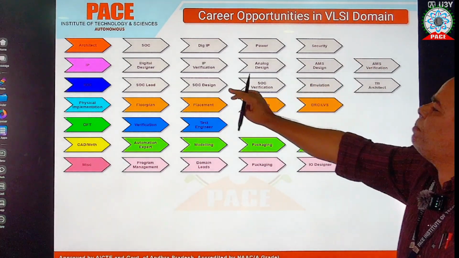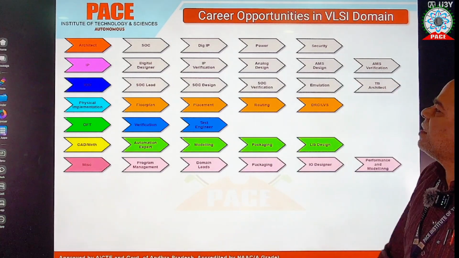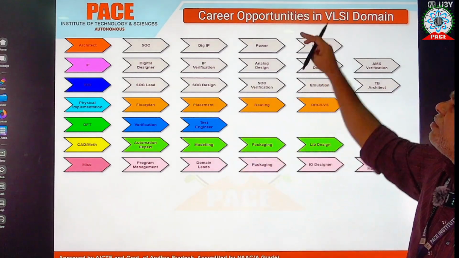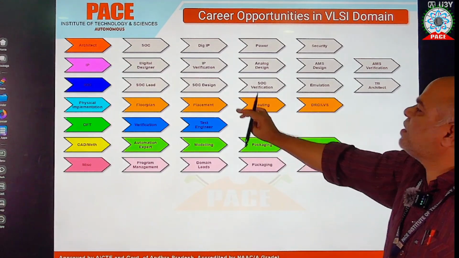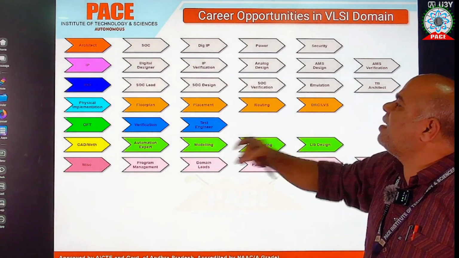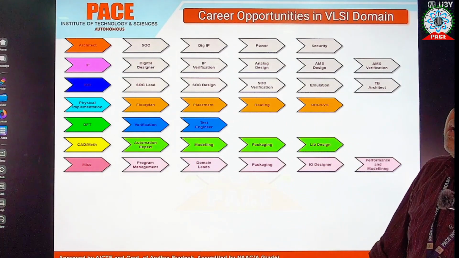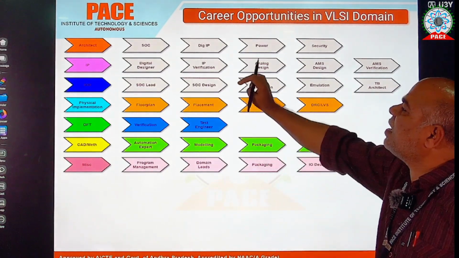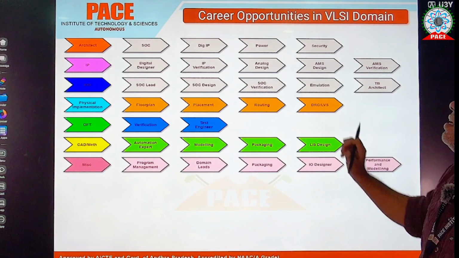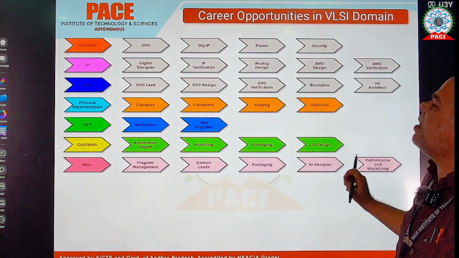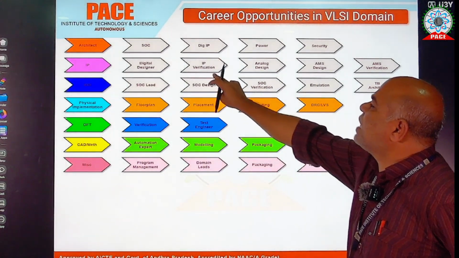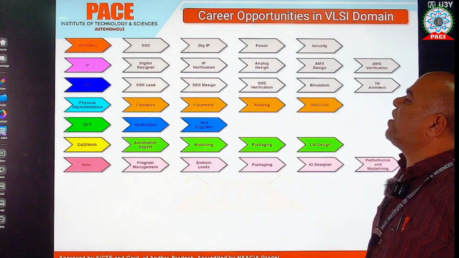Coming to the next IP, that is also intellectual property. The same intellectual property you can use in the digital designer. Digital designer means especially the STLD subject, switching theory and logic design, or DSD, digital system design. And the next one is intellectual property verification.